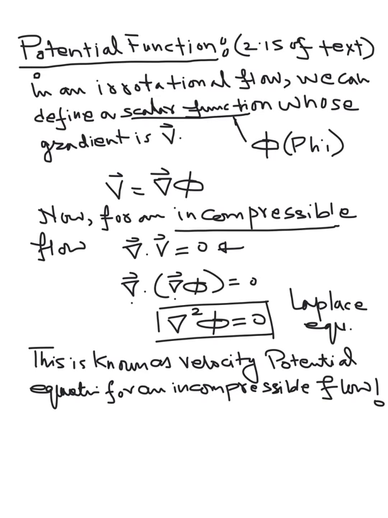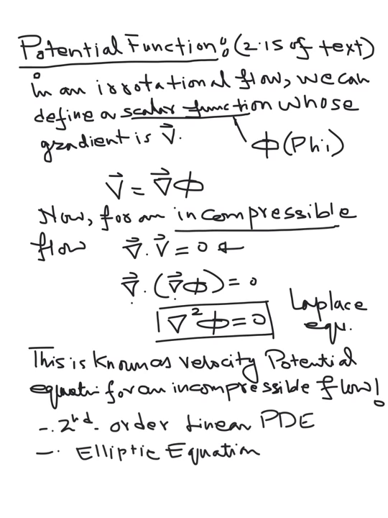This equation is again my Laplace equation and is commonly known as the velocity potential equation for an incompressible flow. This is a second order linear partial differential equation and it is classified as an elliptic equation. This equation can be represented in both Cartesian and cylindrical coordinates, which you will see in the next slide.